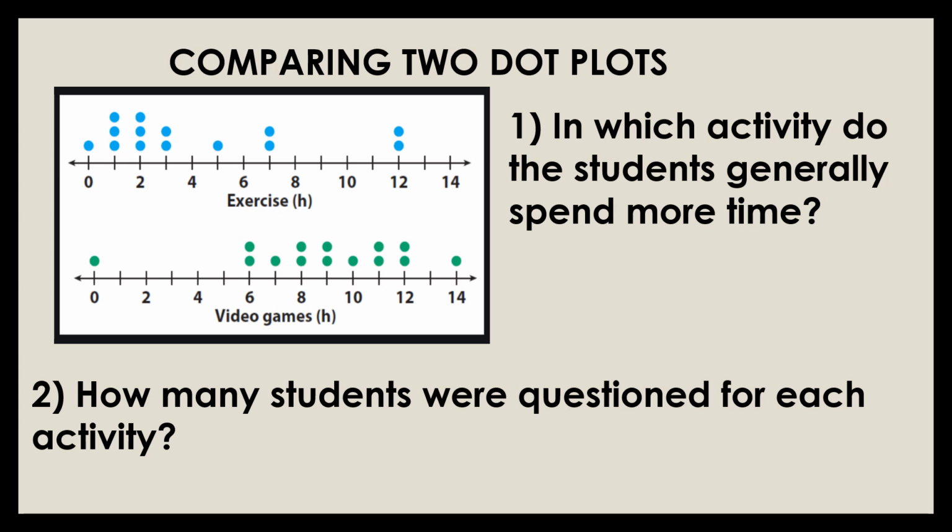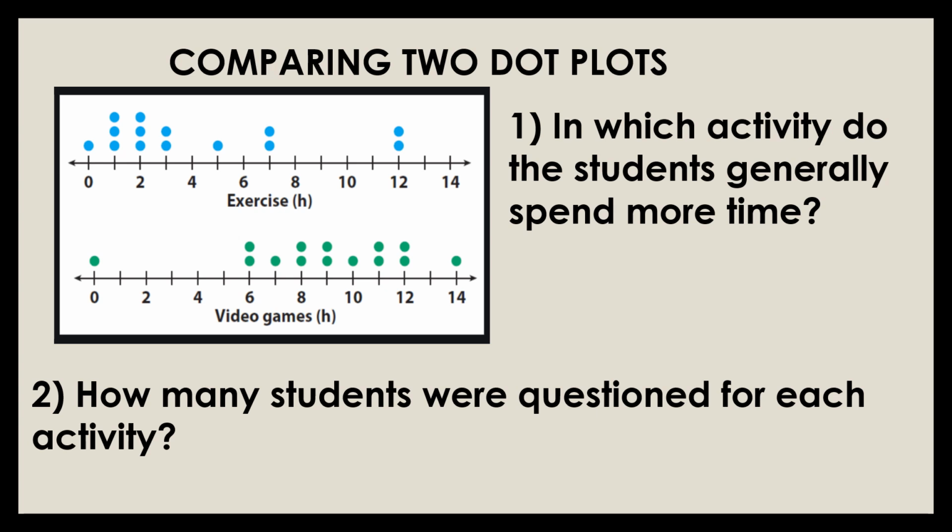Two more plots that we are comparing. There are values for exercise in hours and video games in hours, and there were students that were surveyed. In which activity do the students generally spend more time?